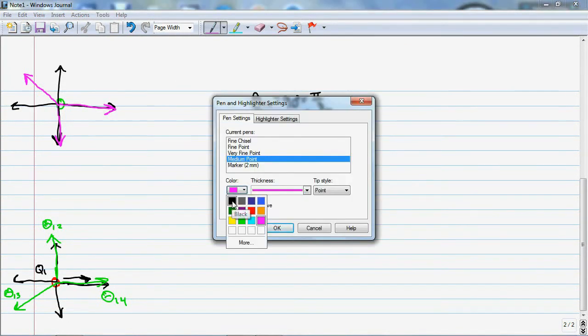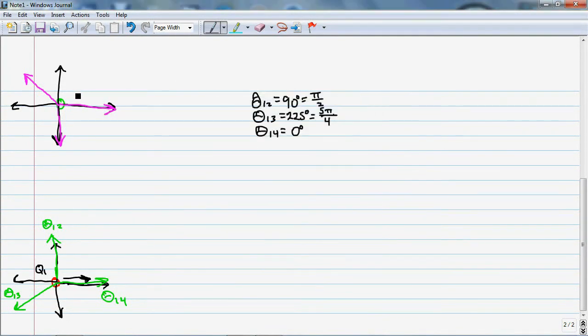And now we can define our theta angles. So this is going to be theta 2, 1, because it's charge 2 and it's the angle for charge 1. And then I'm going to have theta 2, 3 and theta 2, 4.